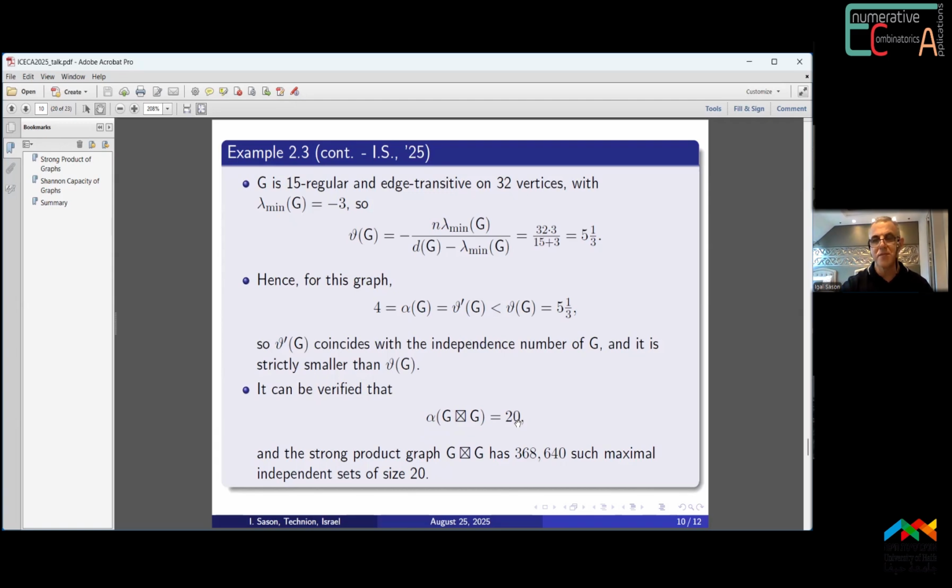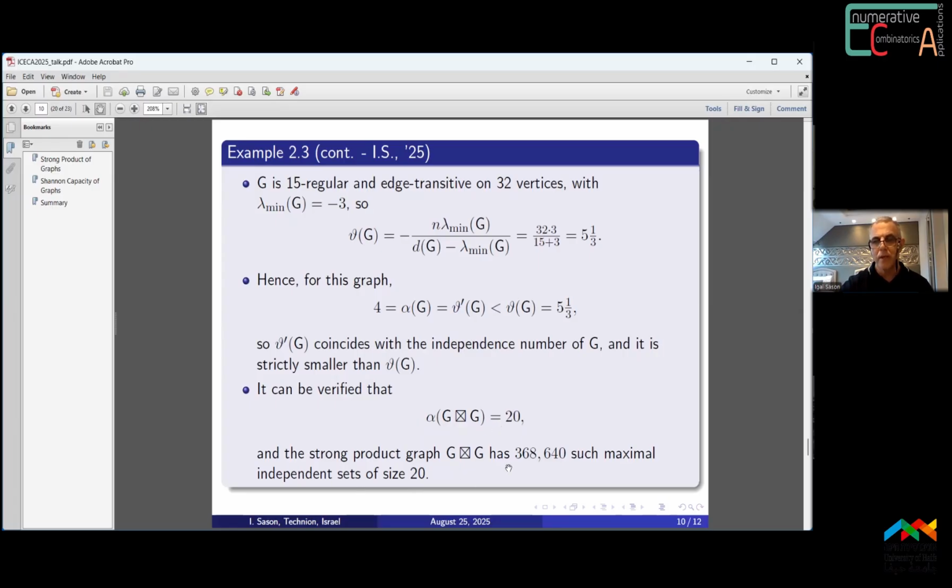So it means that the capacity of the graph is at least the square root of 20. Whereas the Schrijver's theta function of the graph G is equal to 4. So it is strictly smaller than the square root of 20.